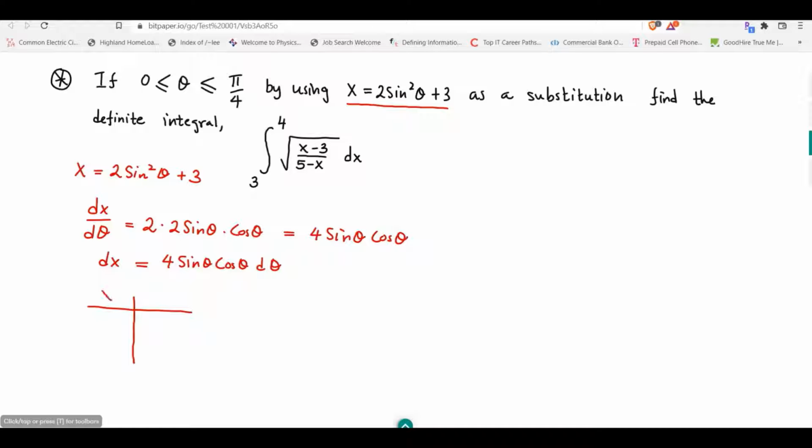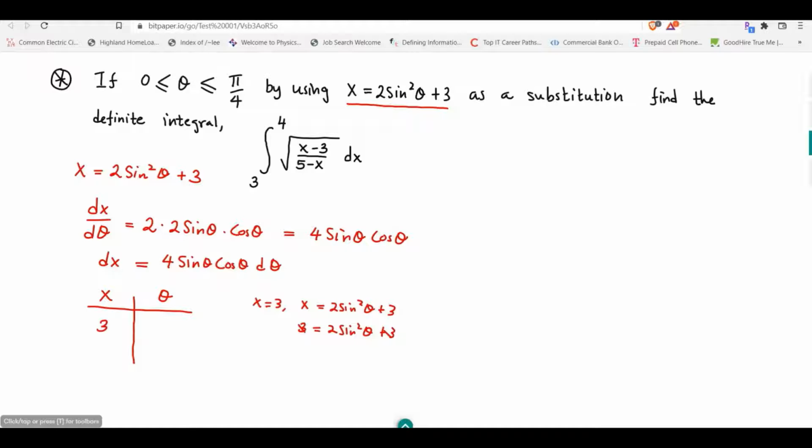So our x values are here, and then the theta values are going to be there. So when x equals 3, let's look at the value for theta. I'm going to substitute x equals 3 into our expression x equals 2 sine squared theta plus 3. So I have 3 equals 2 sine squared theta plus 3, and you can see the 3 cancels out.